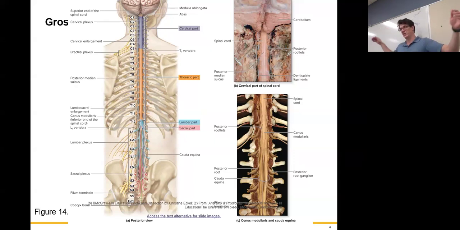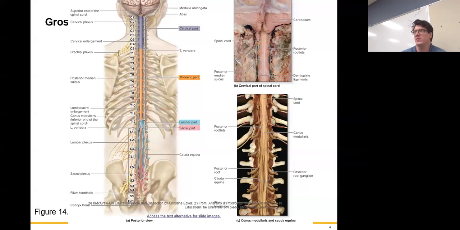Just like if you were to take a whole bunch more cars and try to get them onto a road, and you don't want impingement or people slowing down, the only way to deal with that is to add more lanes. Okay, so make the road bigger. That's basically what we're doing here. We are making the road bigger in these enlargement areas for all of the new information coming in from the legs and from the arms. So that's why we're going to have those enlargements.